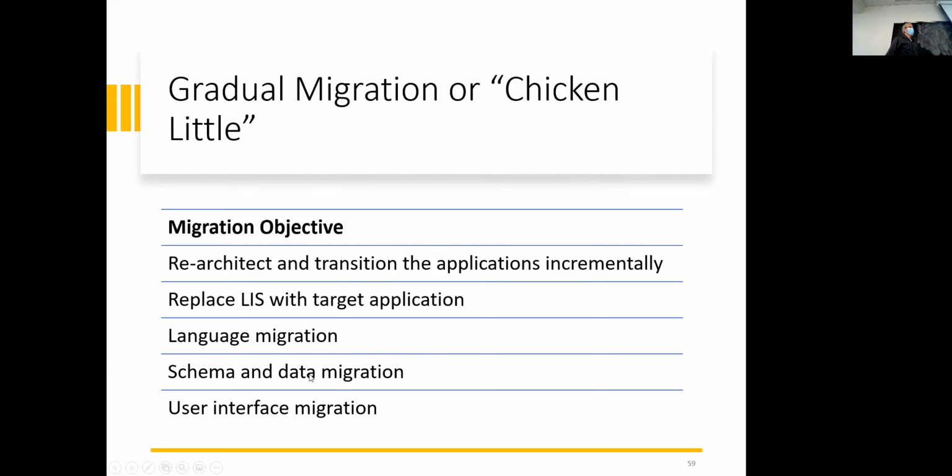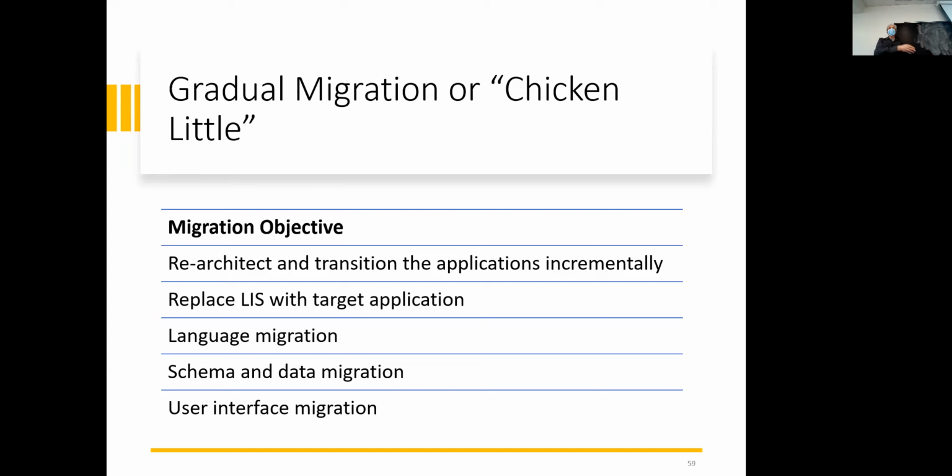We also have schema and data migration. So here we talk about the databases and the data. You might move from a relational to a graph or to an object-oriented database. So the data is somewhere still the same, right? But the representation, the schema, is going to be different.